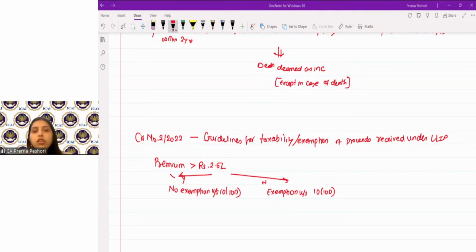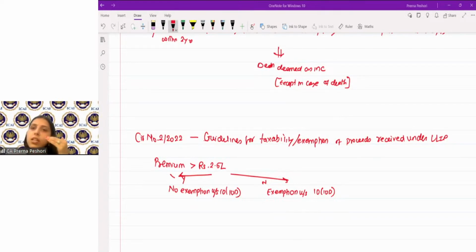Right? Now, if the assessee has received the consideration under, let's say, more than one ULIP, and the aggregate premium does not exceed 2,50,000, then still there will be exemption under 10(10D). Even if the consideration is received for one ULIP, but the aggregate premium is not exceeding 2,50,000, there will still be exemption.